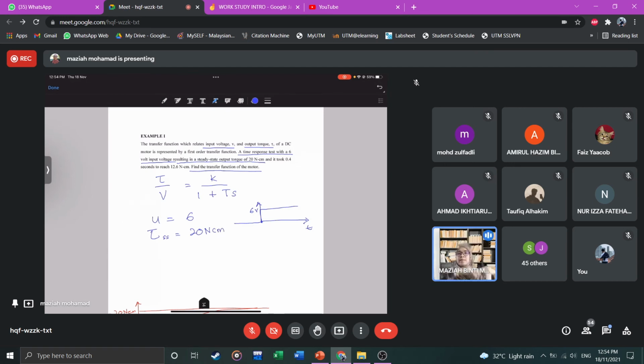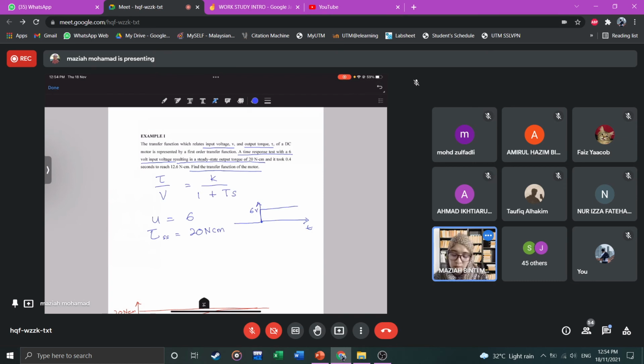You apply 6 volt, the system slowly responds, and finally it produces 20 Newton centimeter. Because it's first order, it will take some time. You don't apply the input and straight away get 20 Newton centimeter; there will be some delay.